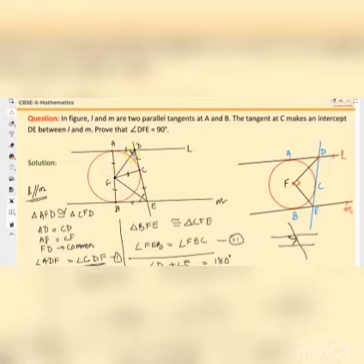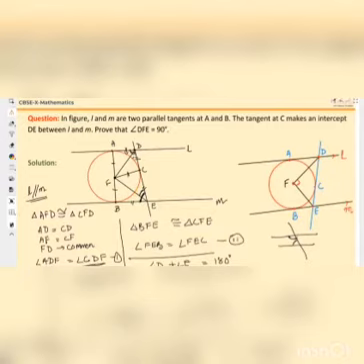So I can say 2 times of FDC, because this angle is equal to this angle. So this angle D can be written as 2 times of angle FDC. Okay guys? Similarly, this complete angle can be written as 2 times of this angle, because these two are in equal parts.